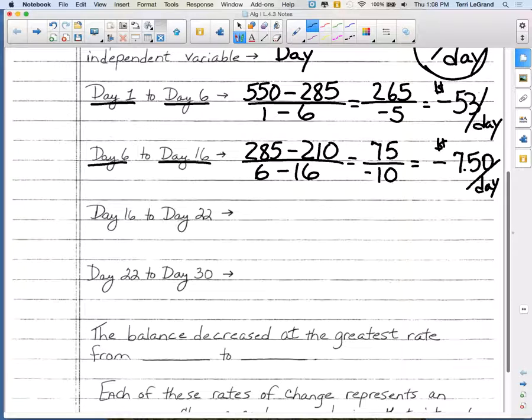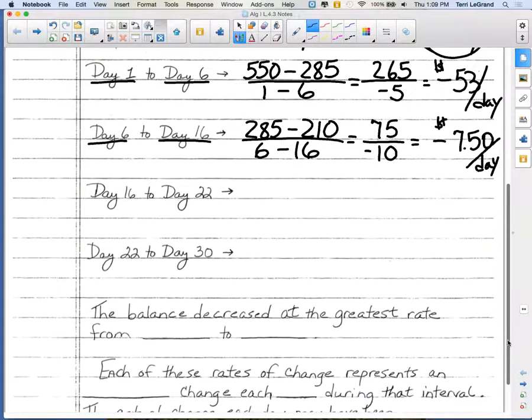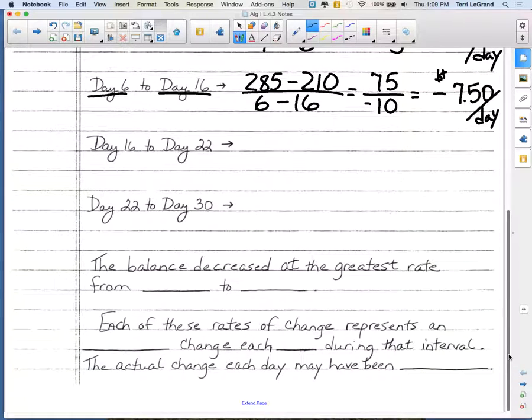So over that interval of time, the bank balance went up or down? Went down again at an average of $7.50 a day. Okay, go ahead and do the other two. You got this now. This is the kind of work you need to show.